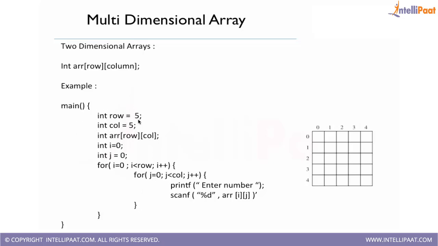I am declaring row as 5 and column as 5. Now here I am declaring a 2-dimensional array. This 2-dimensional array will result in 5 rows and 5 columns, and I can write 2 for loops. One loop will iterate through the rows and the other loop will iterate through the columns, and I can initialize my array. Okay, so let's write a simple program to do this.